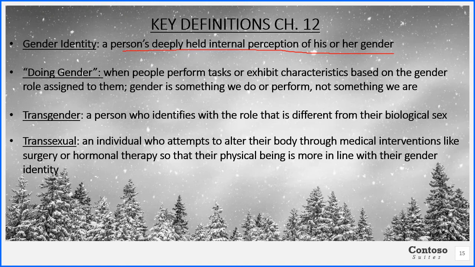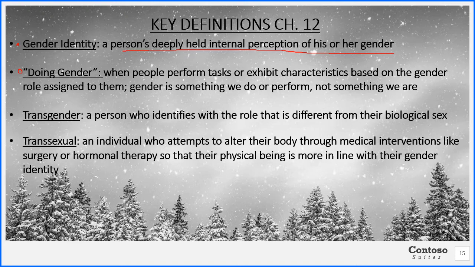Then we have doing gender, and this is the idea that we act out roles according to what gender we've been assigned. So when people perform tasks or exhibit characteristics based on gender roles assigned to them.